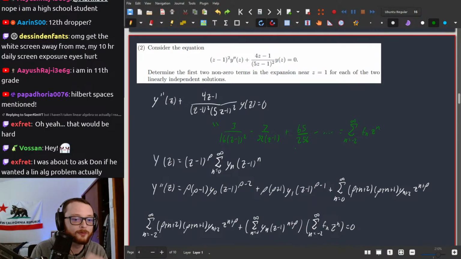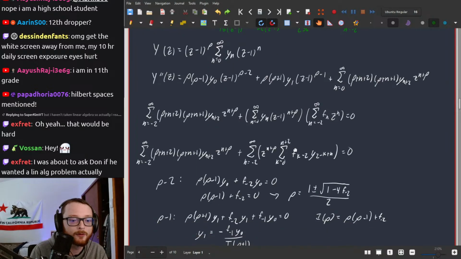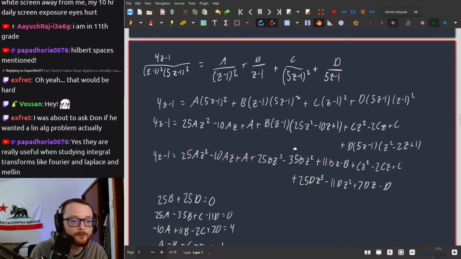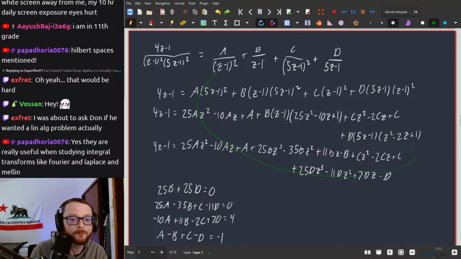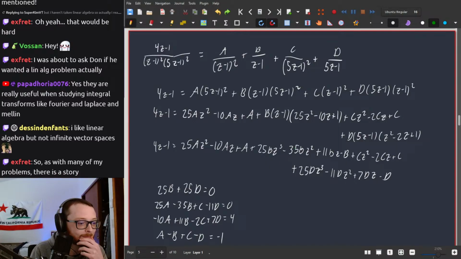Yeah, sure, Xfret. You got fun problems. I think I must have messed up some of the multiplication in here. There's a story. Okay. Based on studying integral transforms like Fourier and Laplace and Mellin. Ooh.